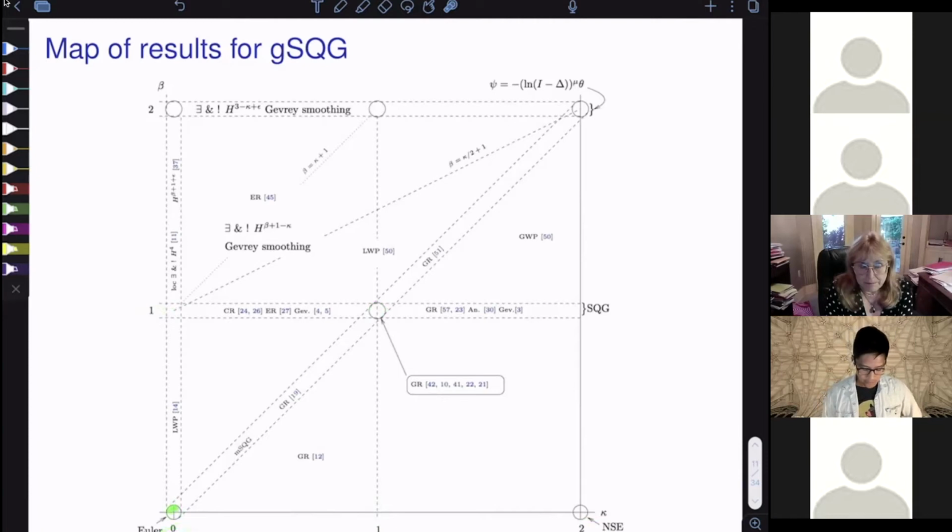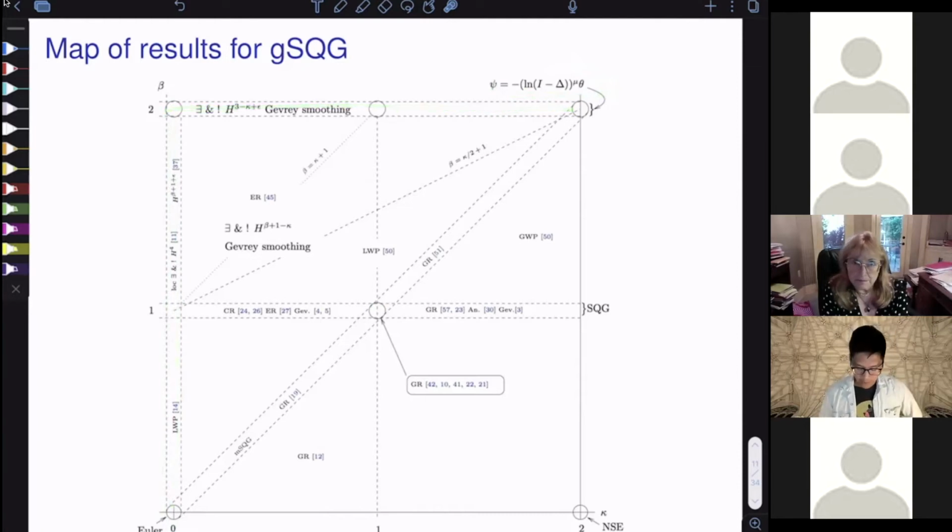The Euler endpoint is here, and so the inviscid case is all along this line. And of course, when beta is equal to 2, if one modifies the constitutive law so that it's not degenerate, then one also has results here.